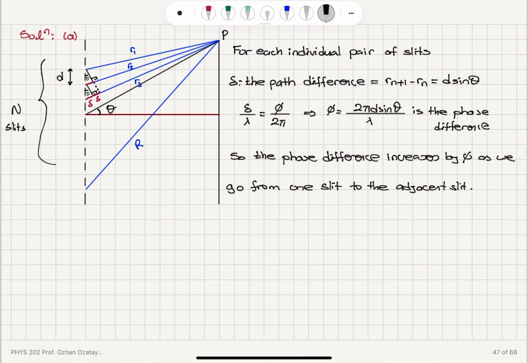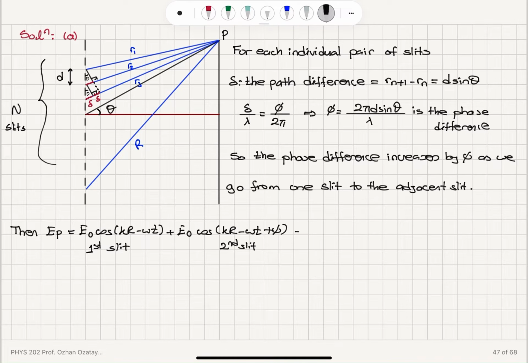Okay, so we add the electric field components of light coming from different slits. For slit 1, we have E0 cosine(kR minus omega t). This is the contribution from the first slit. From the second slit, we have E0 cosine(kr minus omega t plus phi), because we have a path difference between the first and the second given by d sine theta.